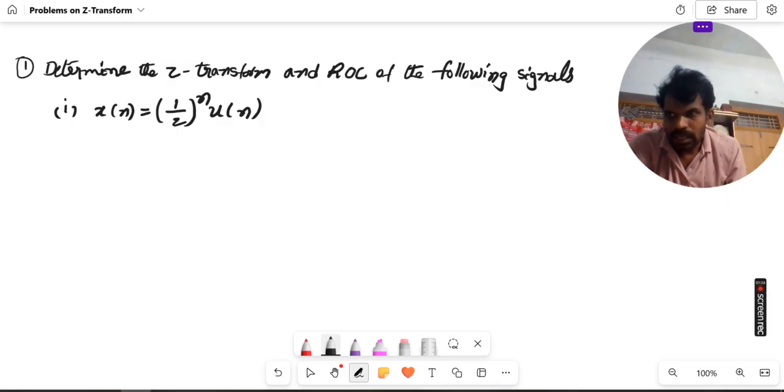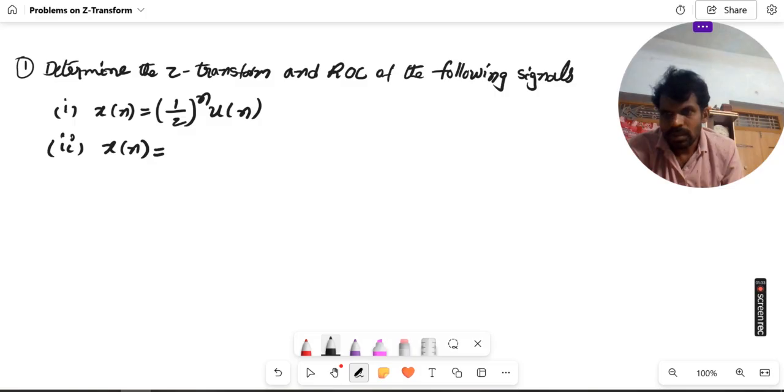And the second one is x of n is equal to 1 by 3 power n into u of minus n minus 1.